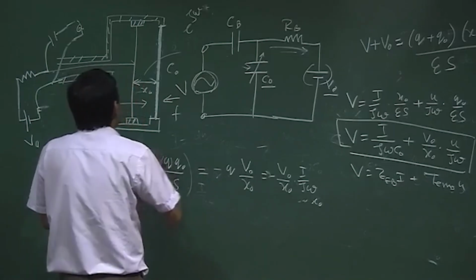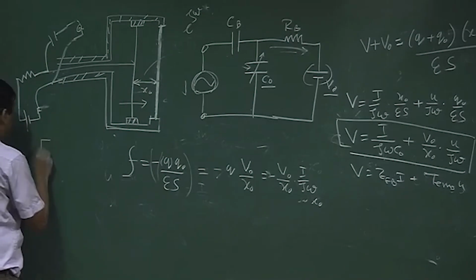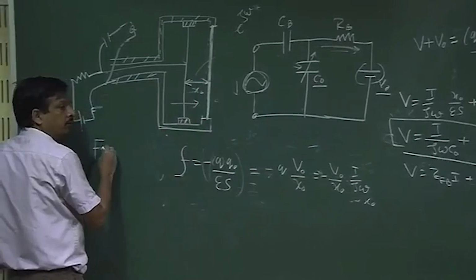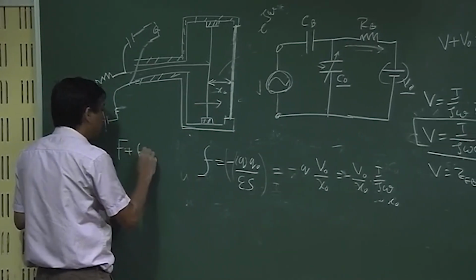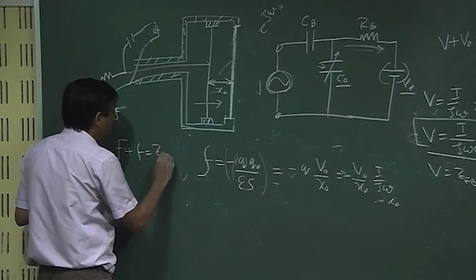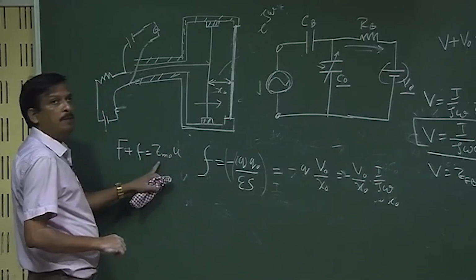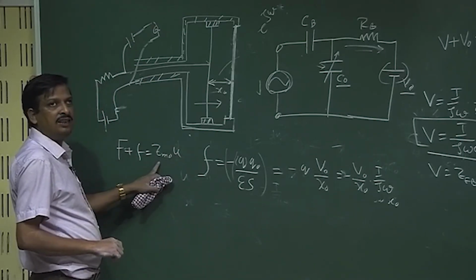Okay. So, total force acting on the plate is nothing but the force which is opposite that force. So, total force is F plus F is equal to Zmu into U, particle velocity into impedance. When open circuit, electrical circuit, there is nothing there.